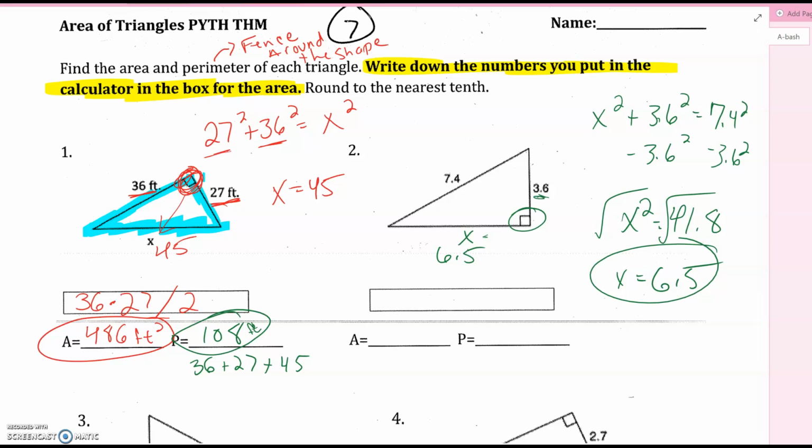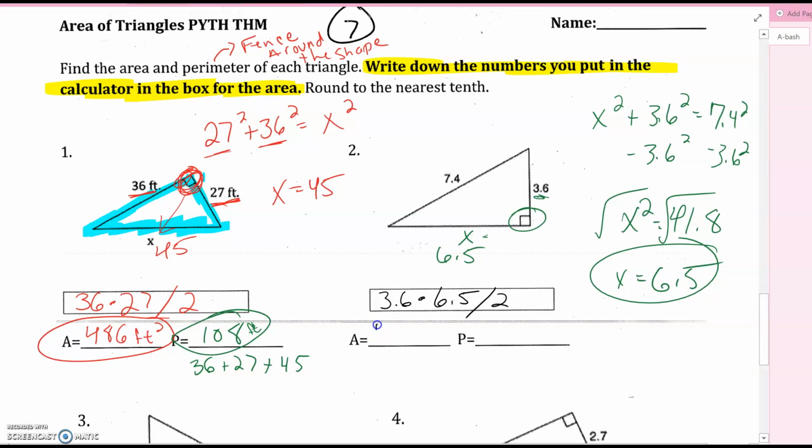So now for the area, go ahead and calculate the area. Since the 6.5 and 3.6 connect at the 90, it would be 3.6 times 6.5 divided by 2. Again, I need this stuff in the box here for the area. That way I know which numbers you plugged in.